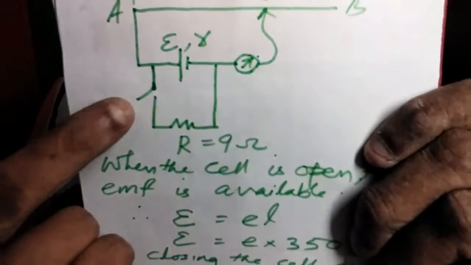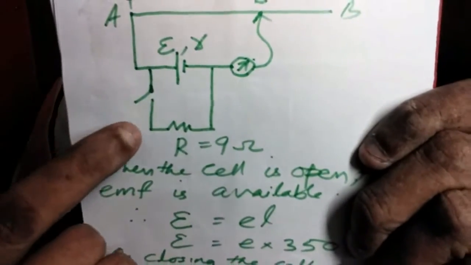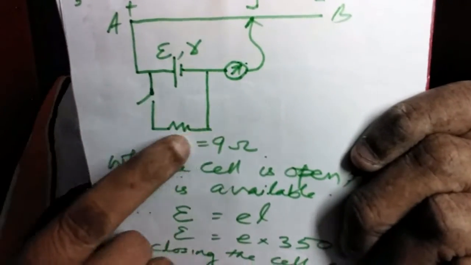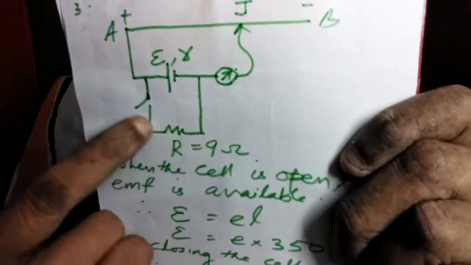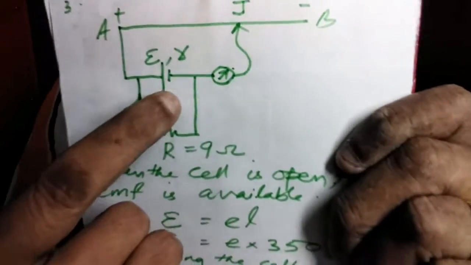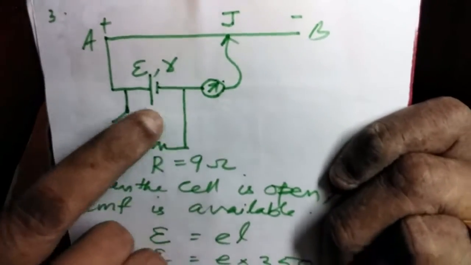Now, if this key is kept open, there is no current flow in this circuit and the cell is said to be open. When a cell is open, its full EMF is available externally. So its full EMF gives the balancing point.